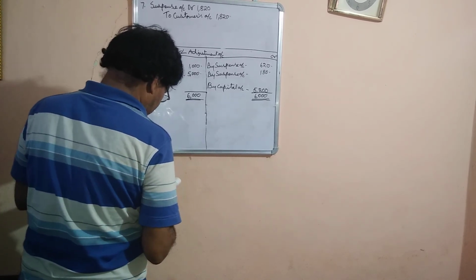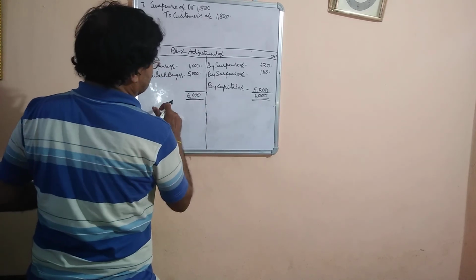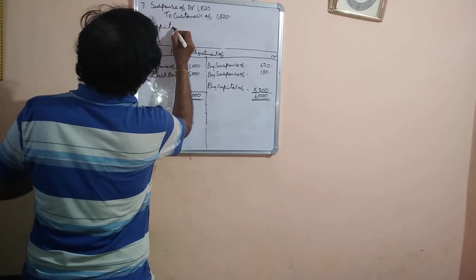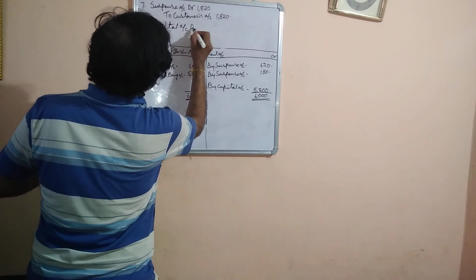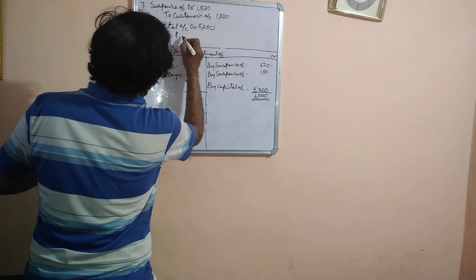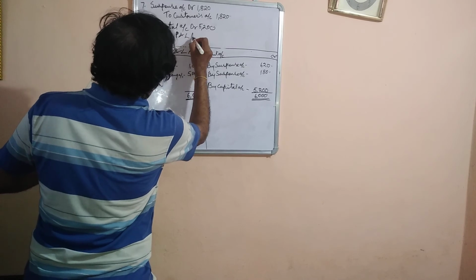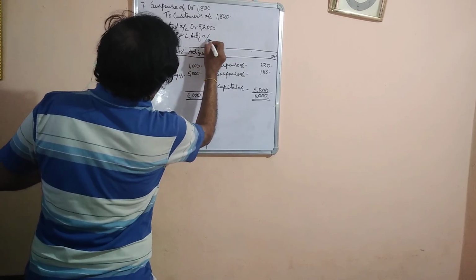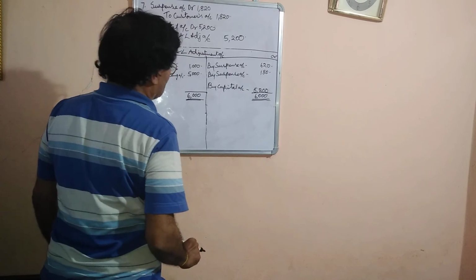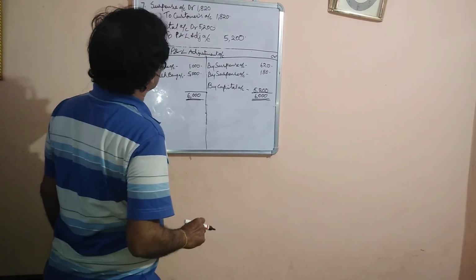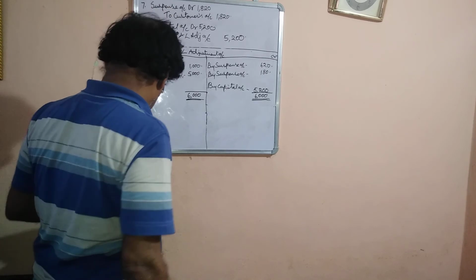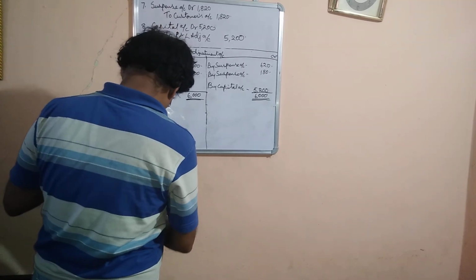Now what is the entry? The eighth one is capital account debtor 5,200 to profit and loss adjustment account 5,200, being loss on rectification of mistakes transferred to capital account.